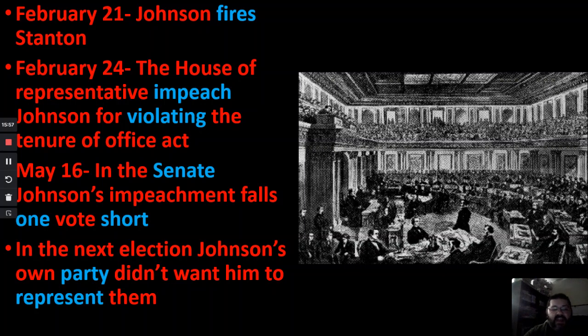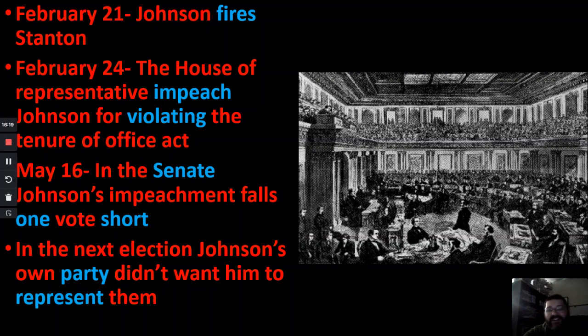Okay. If they say no, then the president basically returns to his job. Also, you need to remember, not only can a president get impeached, but members of Congress and federal judges can be impeached.